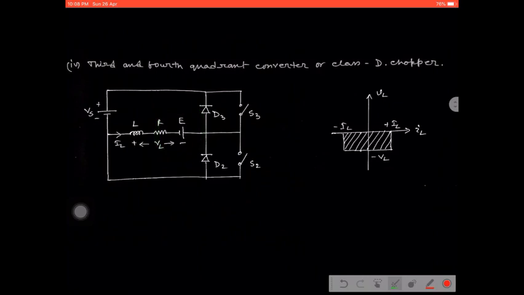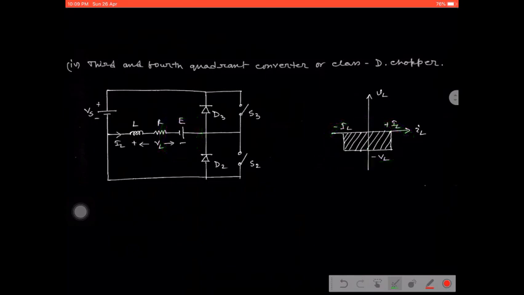That is why the first clue is the reference polarity of the load. Due to the presence of back EMF, it is positive, it is negative. That is why in all cases it will cover the negative voltage first, as E is in the opposite direction.